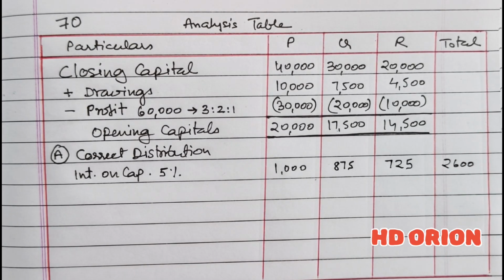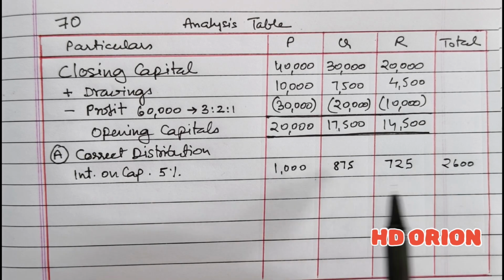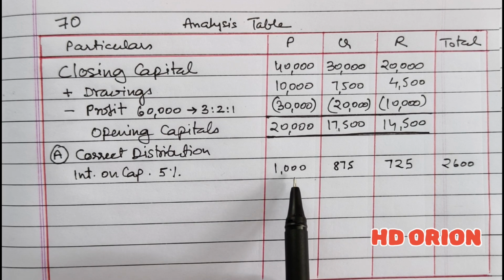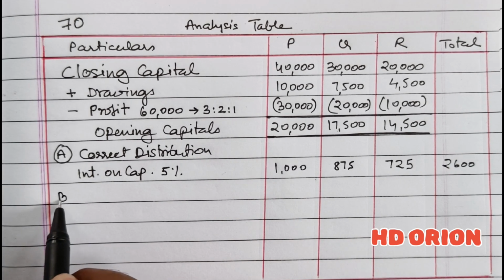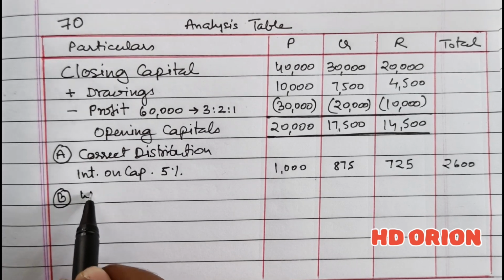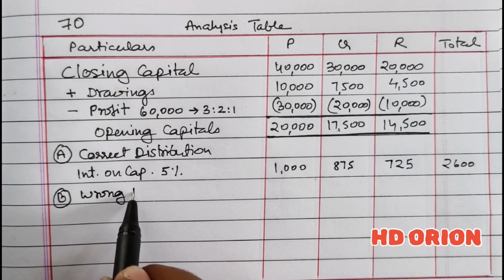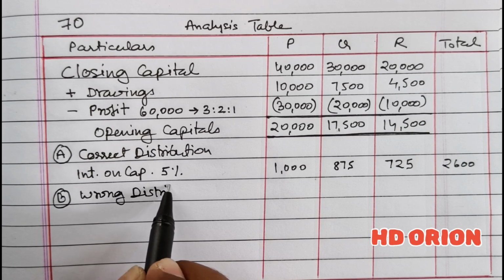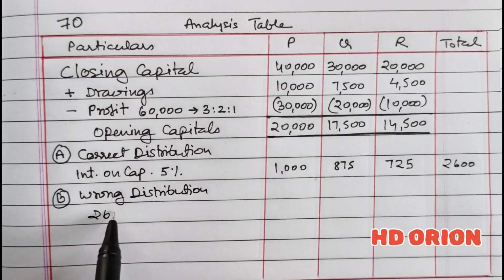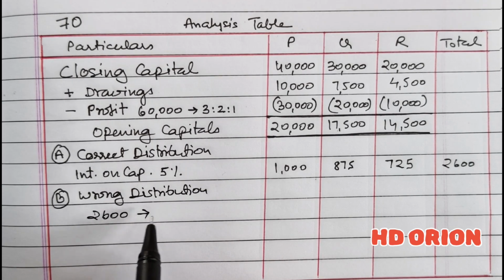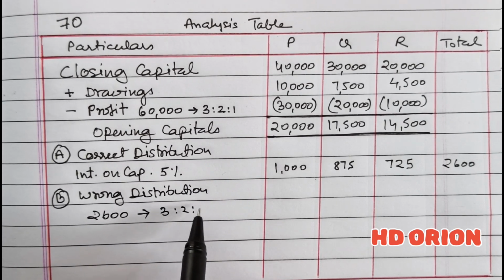So out of the total net profit earned during the year, 2,600 rupees has been misallocated to the partners. It was supposed to be given to the partners as this amount, but what we have done, we have distributed it wrong. Wrong distribution of rupees 2,600 in their profit sharing ratio, that is 3:2:1.